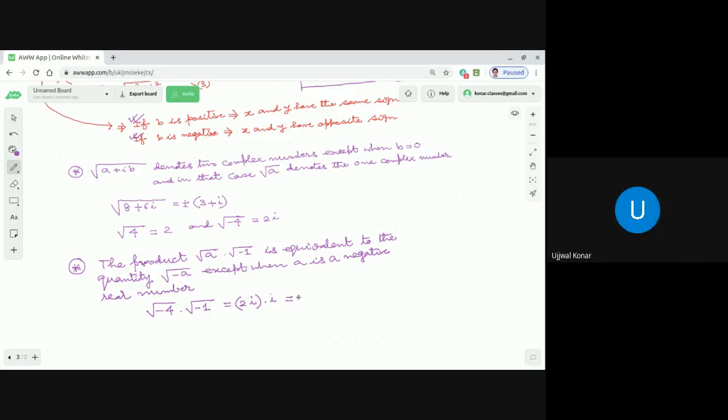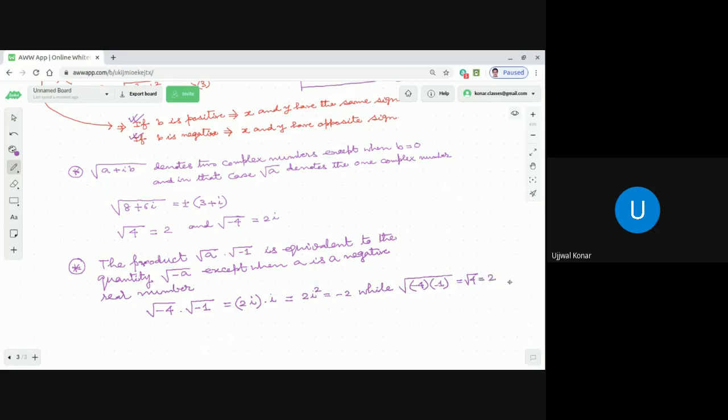So this is equal to 2 into i square, that is equal to -2, while square root of -4 into -1 is equal to square root of 4, which is equal to 2.